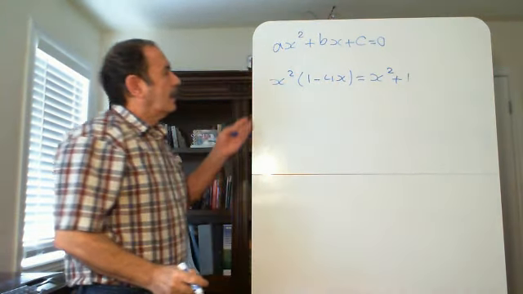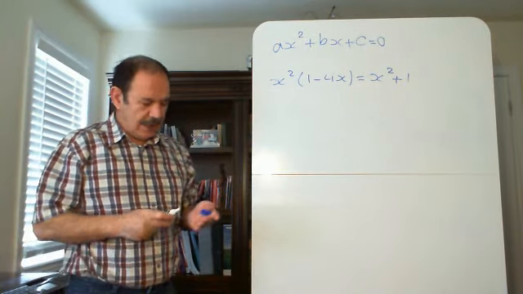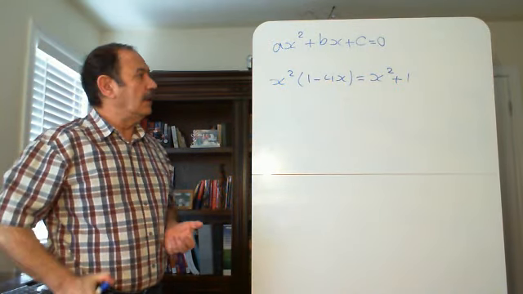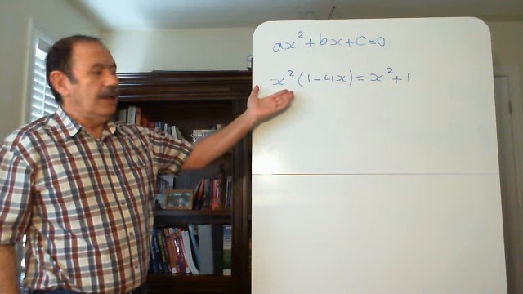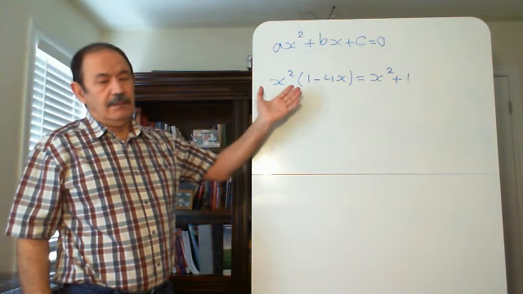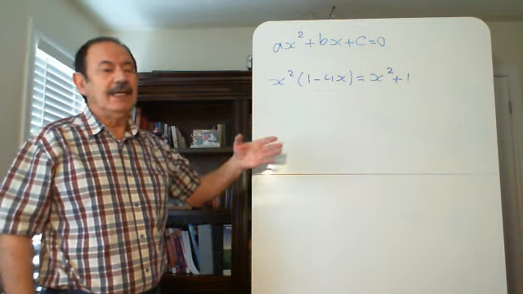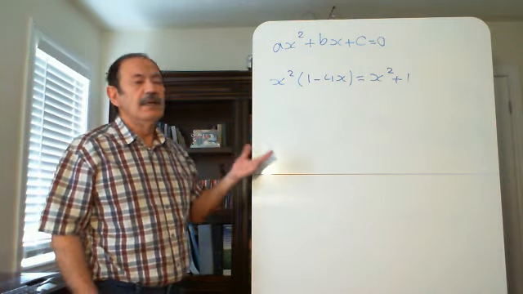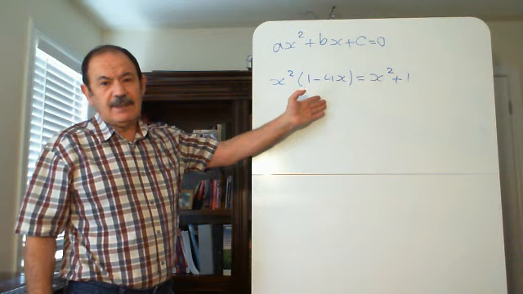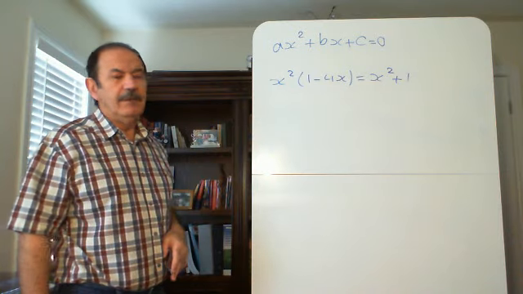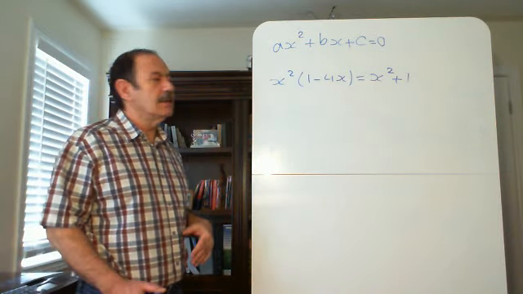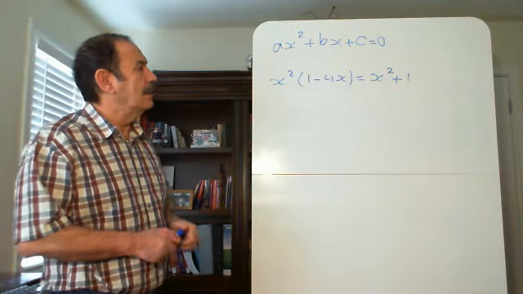I want to see if this equation is a quadratic equation or not. First of all, I cannot just see from the beginning whether it's quadratic or not. We can guess, but it's going to be very risky. First, simplify this one, move everything to one side, and then compare with the standard format.